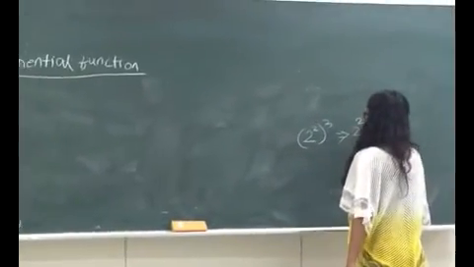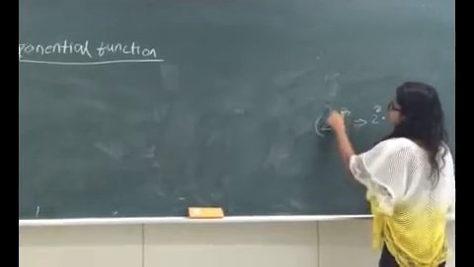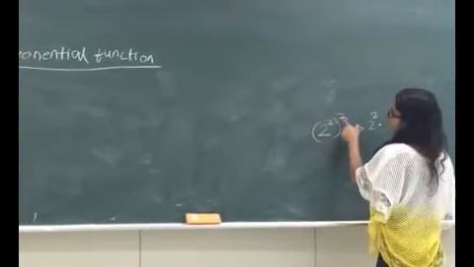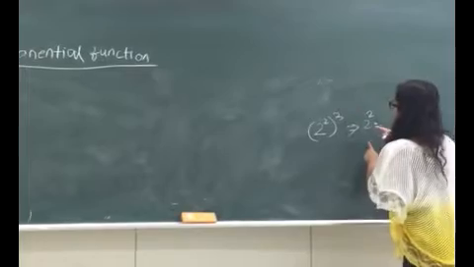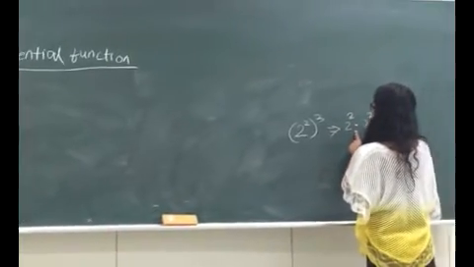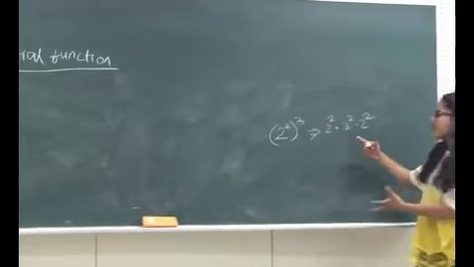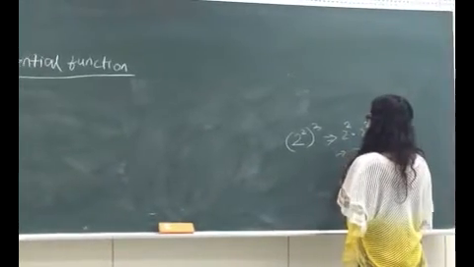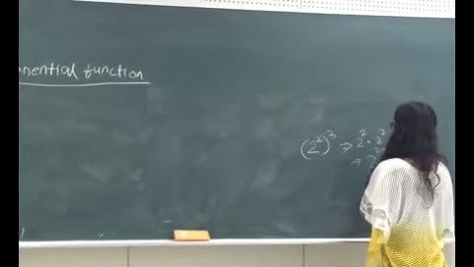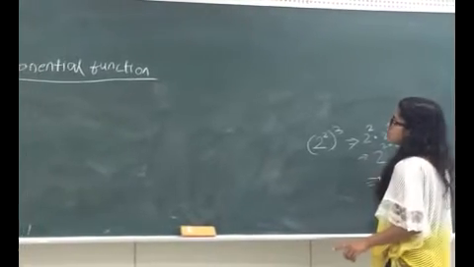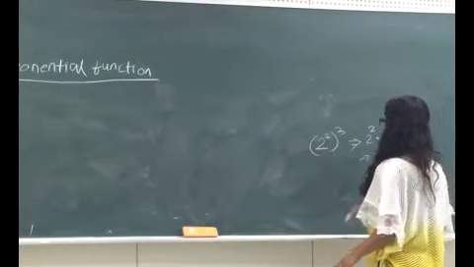2 to the power square whole cube means that 2 square should be multiplied 3 times. That means 2 square into 2 square into 2 square. From the formulas that we derived, we can write it as 2 to the power 2 plus 2 plus 2, which gives 2 to the power 6.